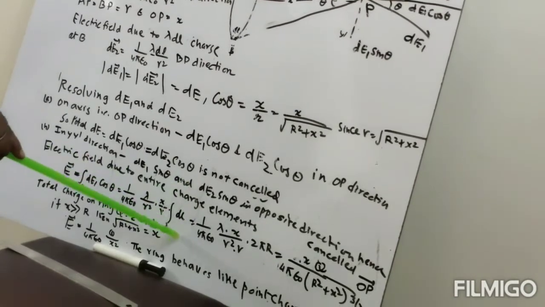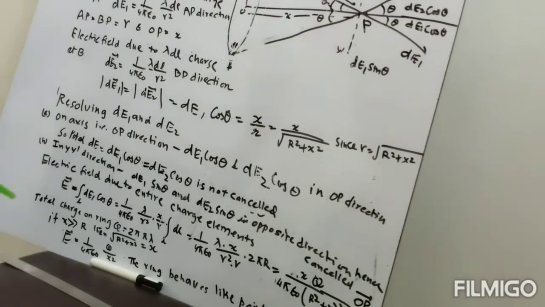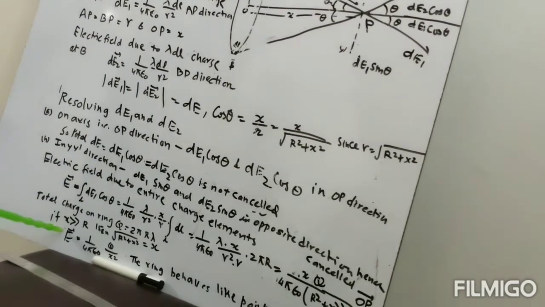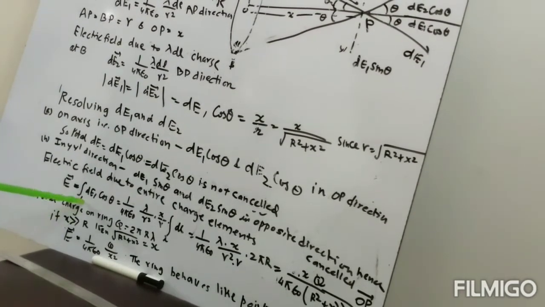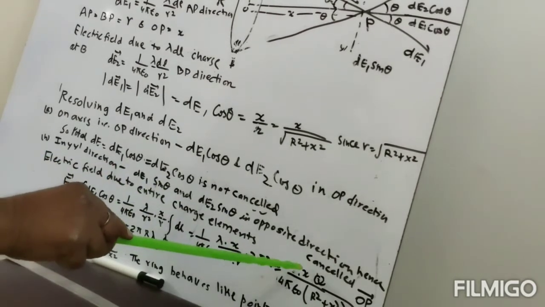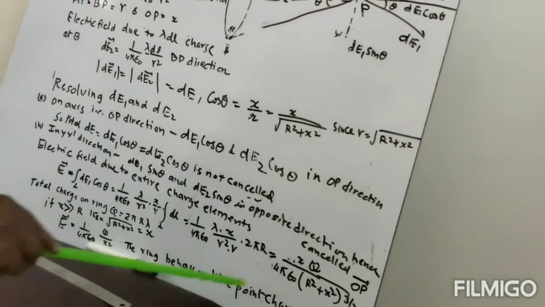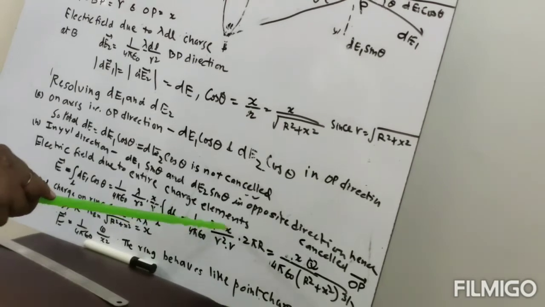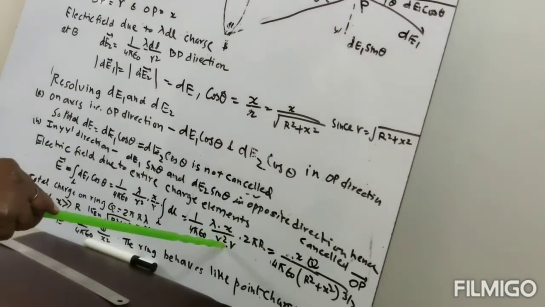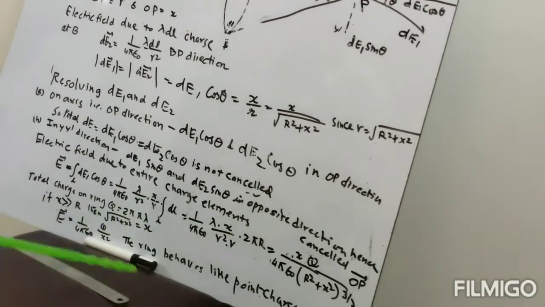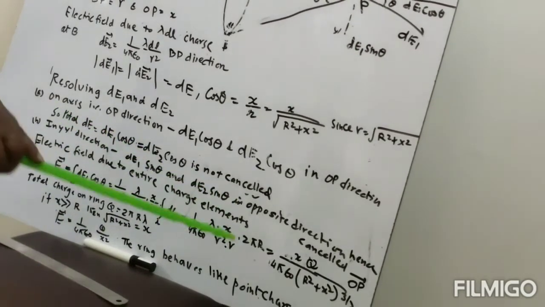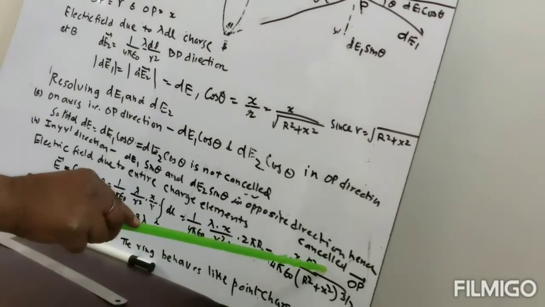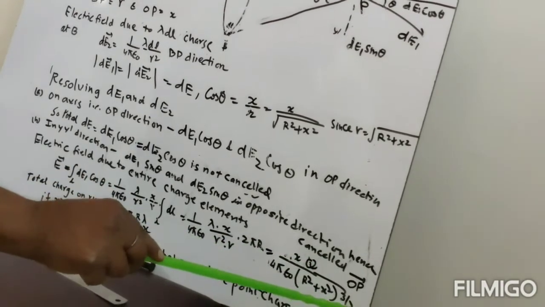The line integral of dl will be equal to the entire length of the ring, which is 2 pi R. Now substituting the values, the electric field for the entire ring will be equal to 1 by 4 pi epsilon 0 times lambda times x times 2 pi R divided by r square times r.